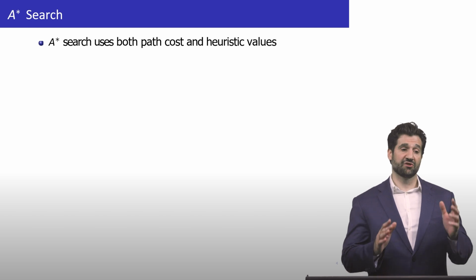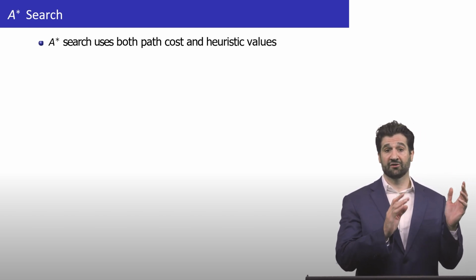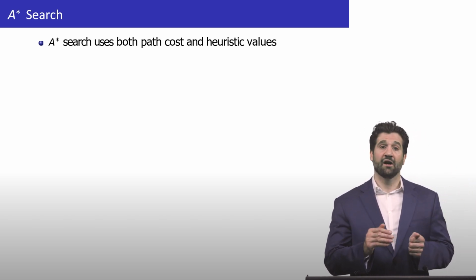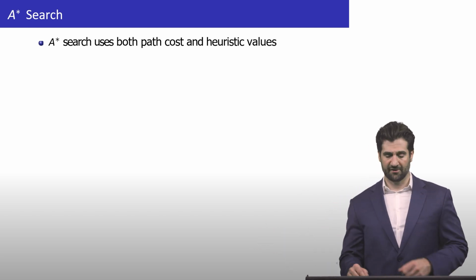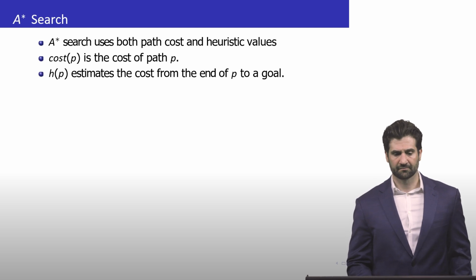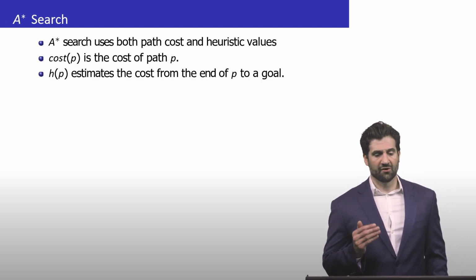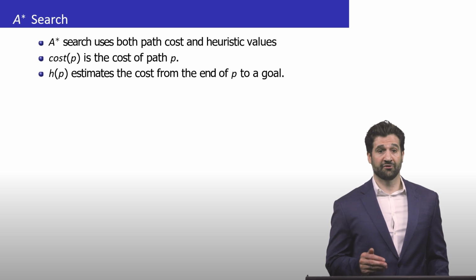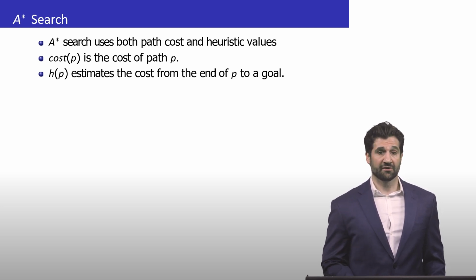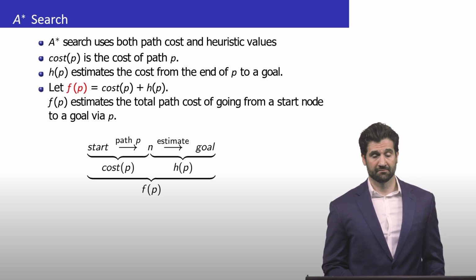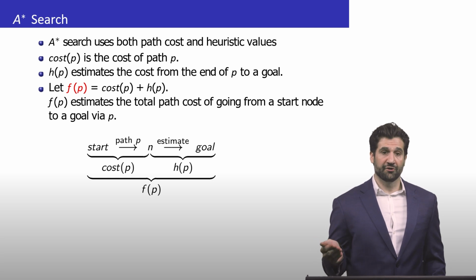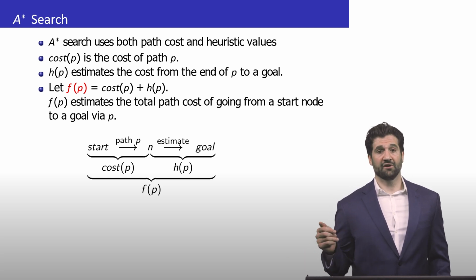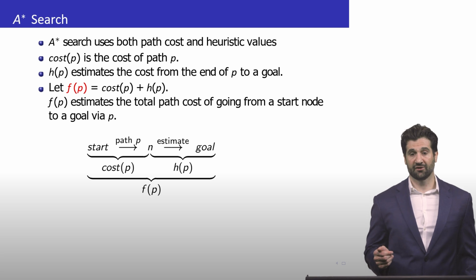It's making a decision based on the cost it took to get to a given node, as well as the estimated cost going from that node to the final destination. So you have the two components: cost(p), which is the actual cost that we compute, and the heuristic function h(p). And so we will use the notation f(p) to indicate the sum of these two things together.